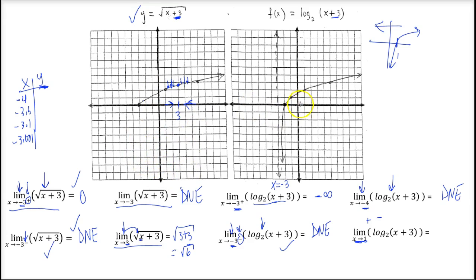So in this case, we know that here's where x is equal to 1 is. And of course, as the x values get closer and closer to 1, the y values look like they're getting closer and closer to 2. So in this instance, the answer to this would be 2.